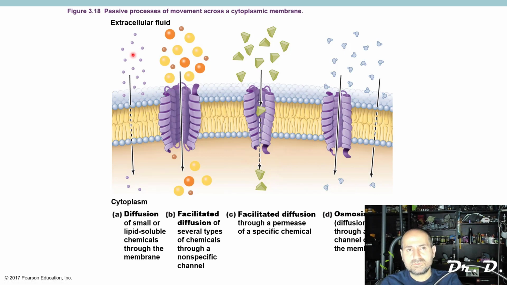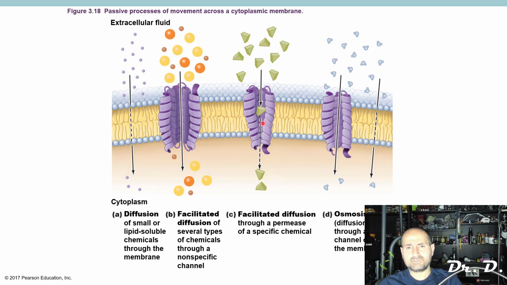Remember, small non-polar molecules can cross the membrane, the phospholipid bilayer, directly with no assistance, meaning that they cross without the help of a transporter. However, molecules that are polar or charged, so if you have ions, positively charged ions, negatively charged ions, if you have polar molecules, these molecules need to cross through a carrier.